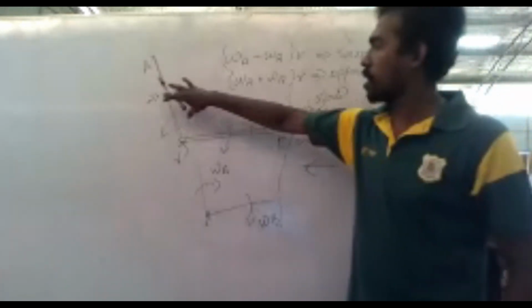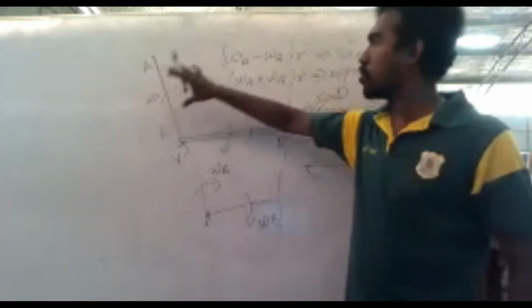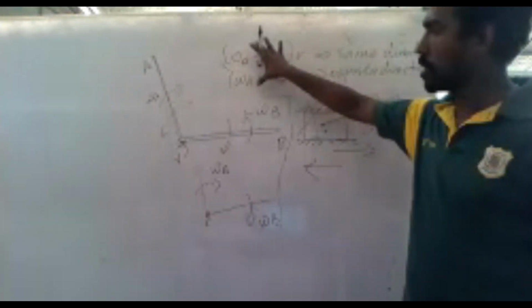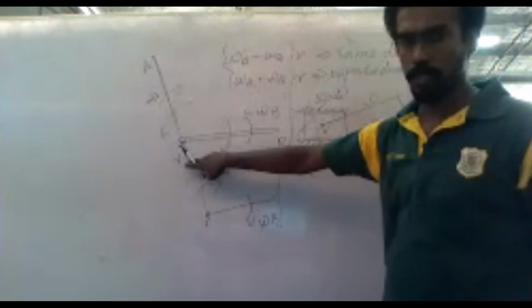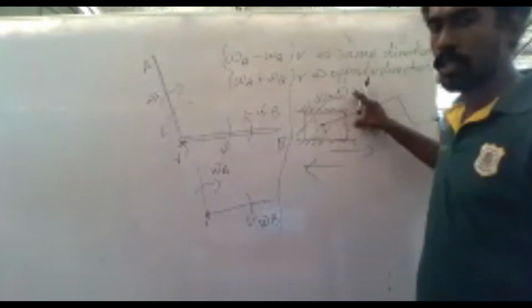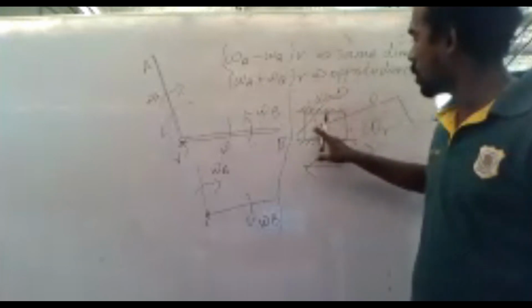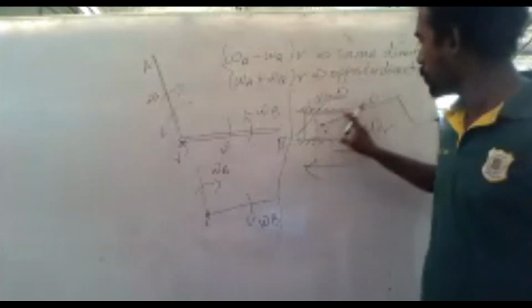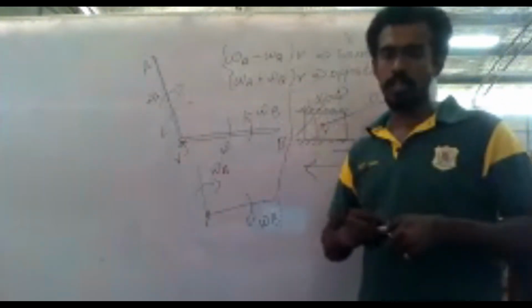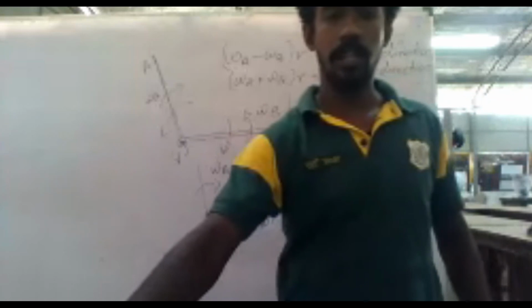If both are turning members, you take the algebraic sum of their angular velocities into the radius of the pin. If it is a sliding member and a turning member, you have only the angular velocity of the turning member into the radius of the pin. So this is all about the rubbing velocity.